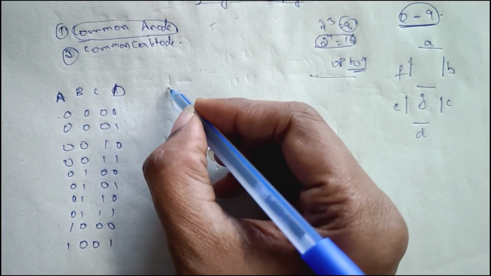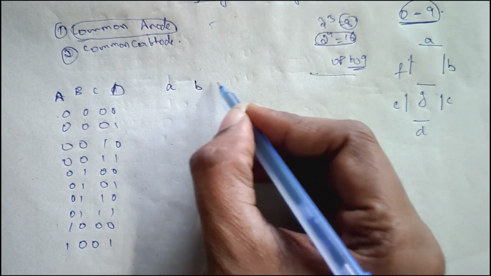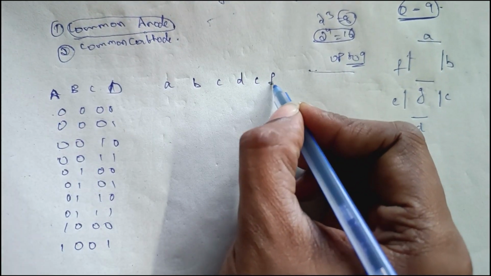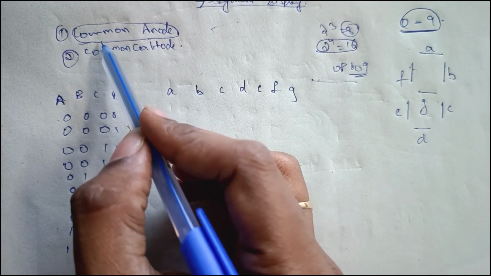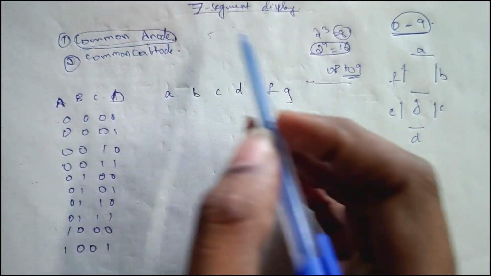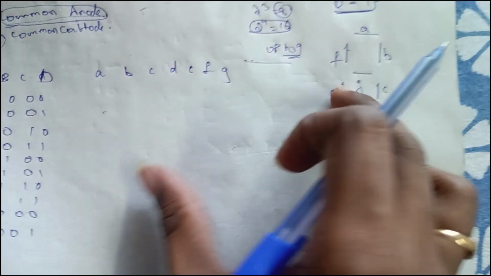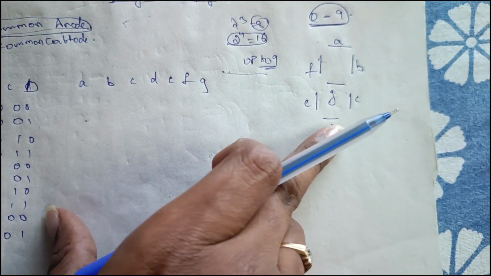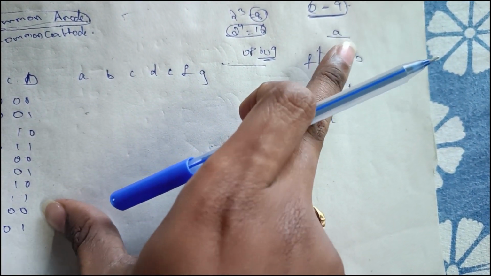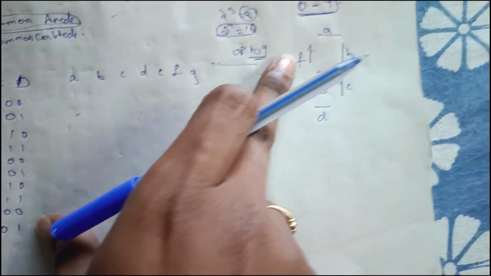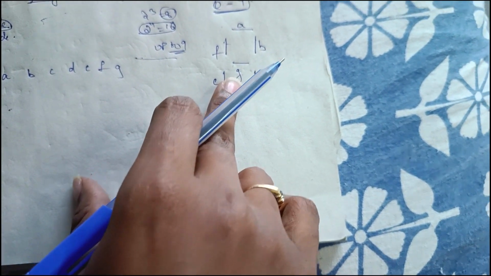So what are the segments available? A, B, C, D, E, F, G. In this video we are discussing the common anode type, so we have to pass logic 1 to get the output. For the digit 0, how many segments have to be active? A, B, C, D, E, F should be active and G should be inactive.